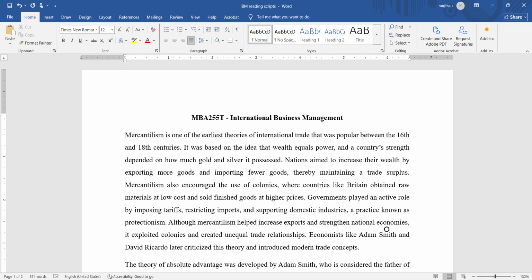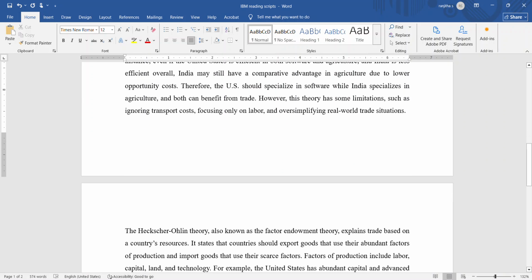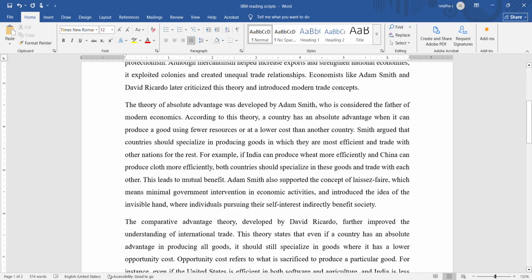And as I told, I would like to conclude that the theory of mercantilism is the earliest international trade theory, focused between the 16th and 18th century, while the other theories are modern theories.